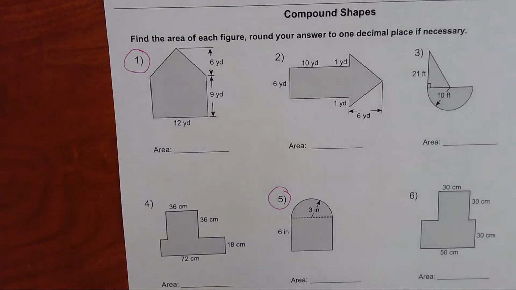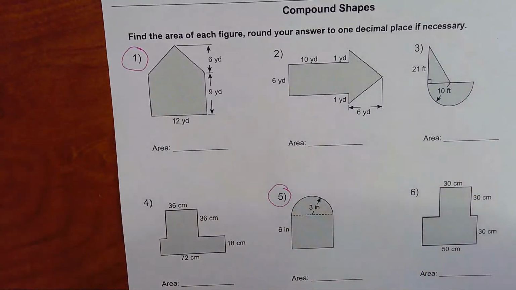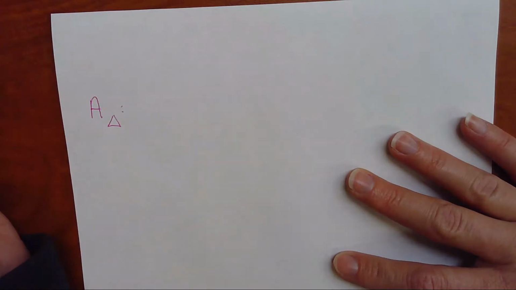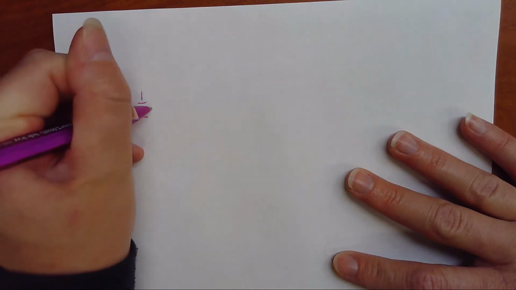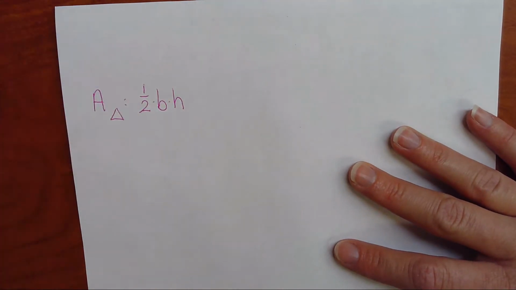Same idea with these compound shapes or composite figures: you are going to want to break them apart into shapes that you know how to find the area of. So far, we know how to find the area of a triangle, which is 1/2 times base times height of the triangle. Instead of 1/2, you could use 0.5.